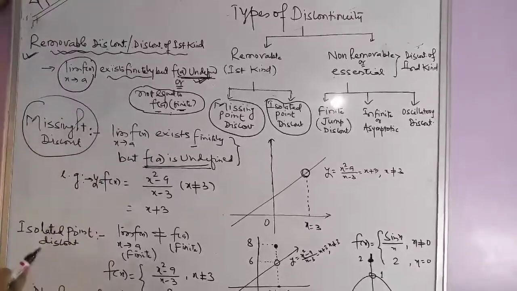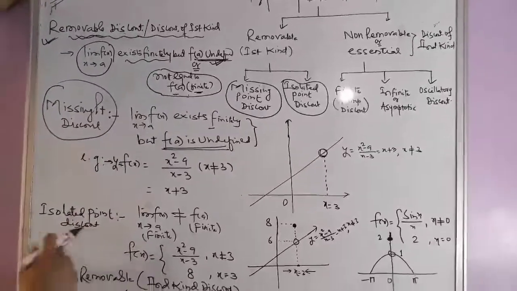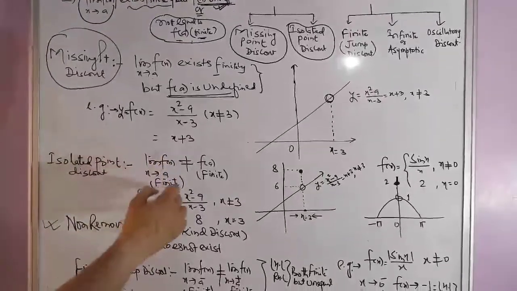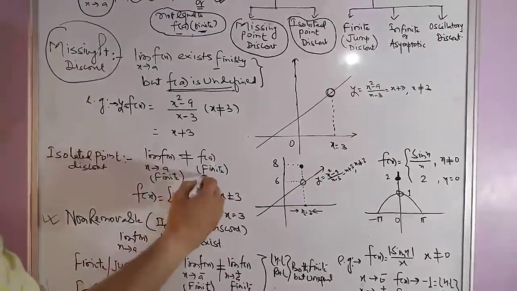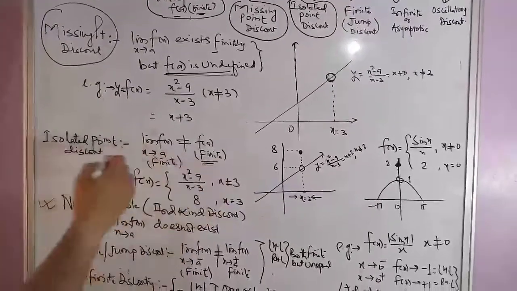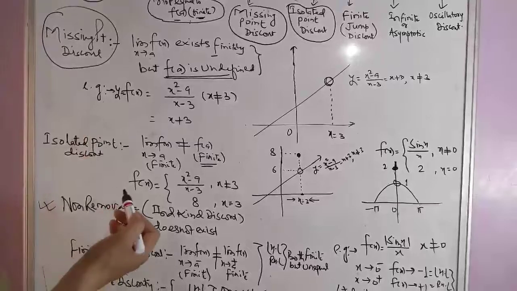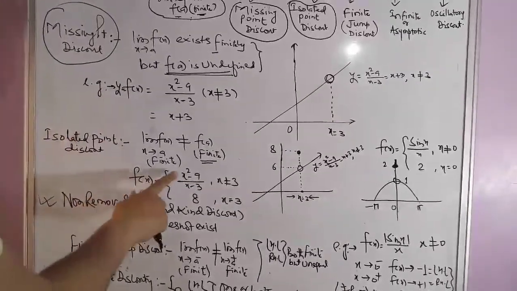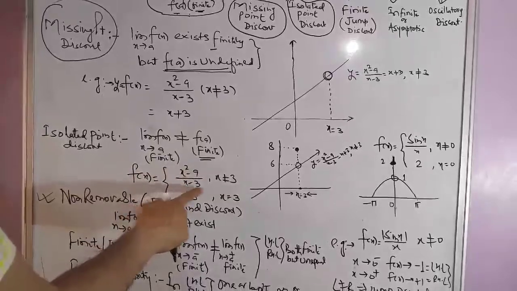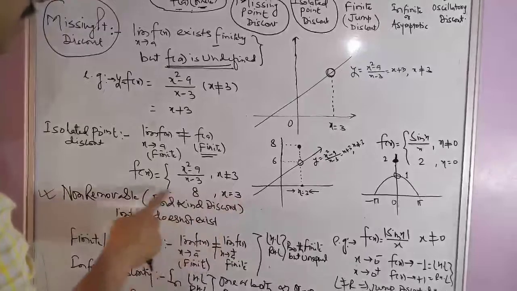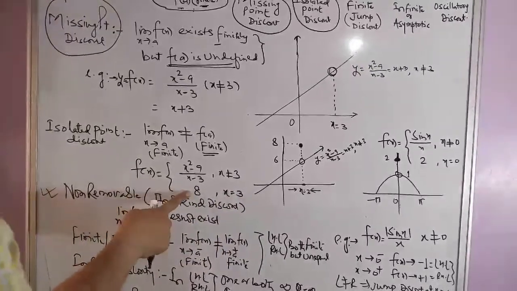Second, isolated point discontinuity. If the limiting value at x equal to a exists finitely but is not equal to the functional value, which is also a finite number, this is called isolated point discontinuity. We take the same example here. f(x) equal to x square minus 9 upon x minus 3 when x not equal to 3, and at x equal to 3, f(x) equal to 8.